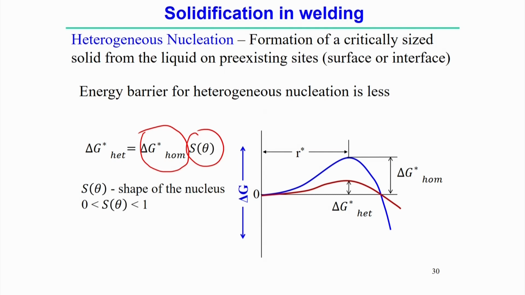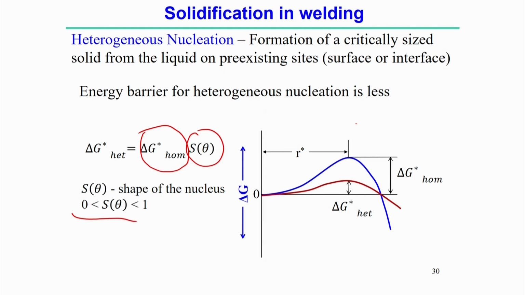So, that is why S theta depends on the shape of the nucleus, and this S theta can vary from 0 to 1. If we plot the total free energy change in the case of the homogeneous nucleation process and the heterogeneous nucleation process, we can find the difference here.